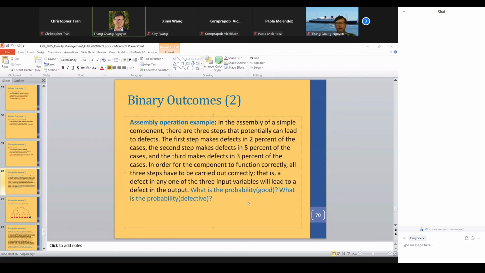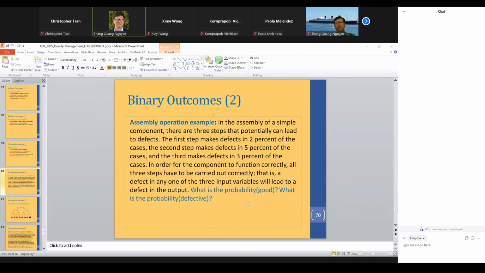In the assembly line or in the assembly of a simple component, there are 3 steps that potentially can lead to defects. The first step makes defects in 2% of the cases. The second step makes defects in 5% of the cases. And the third makes defects in 3% of the times, right?